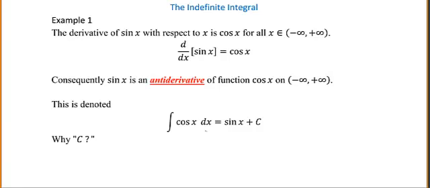We know the derivative of sine of x is cosine of x. So now here's the notation that we use to talk about an antiderivative. It's this kind of S-looking symbol. This is called an integral sign.